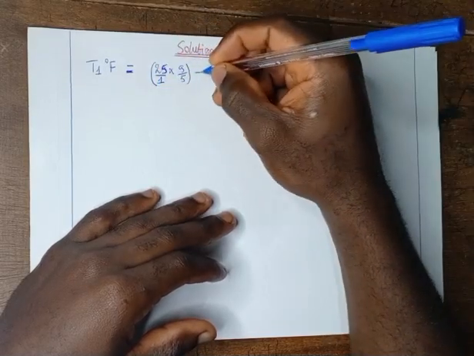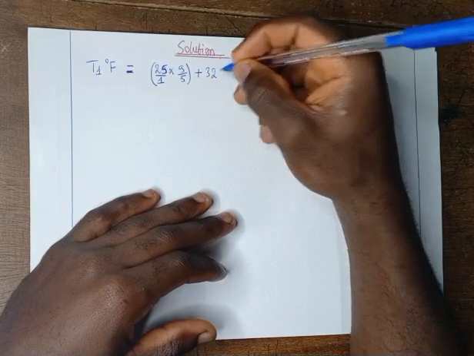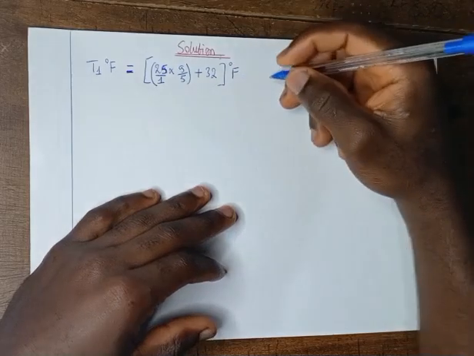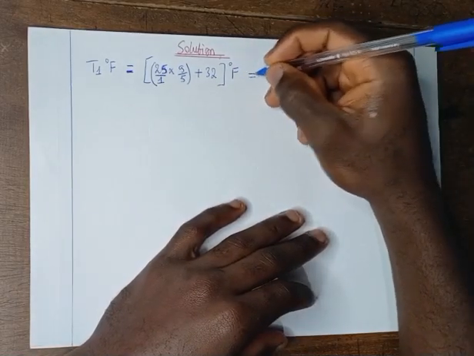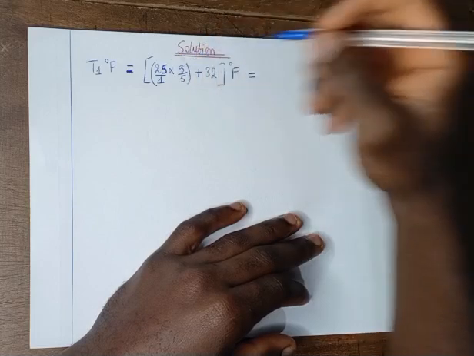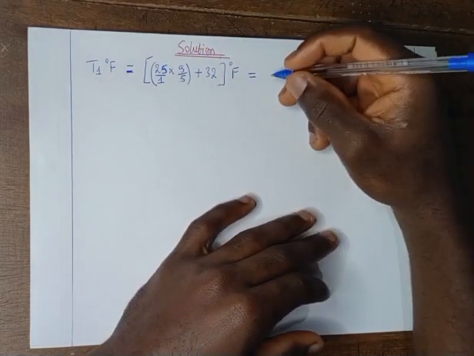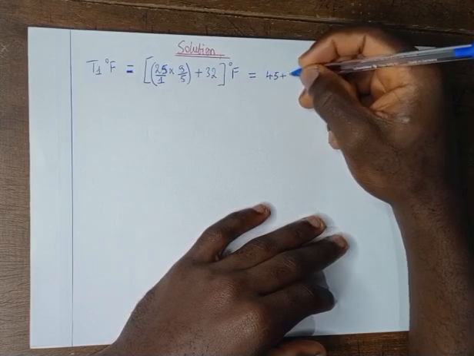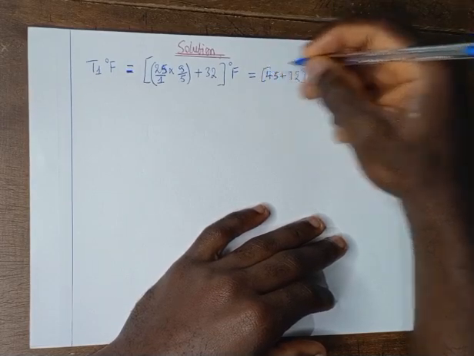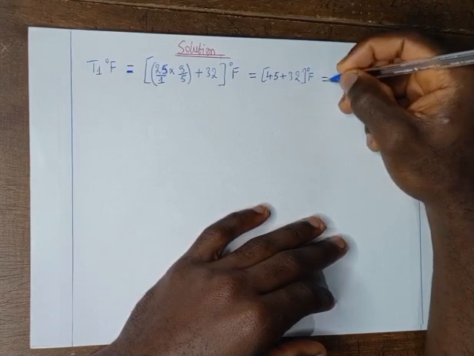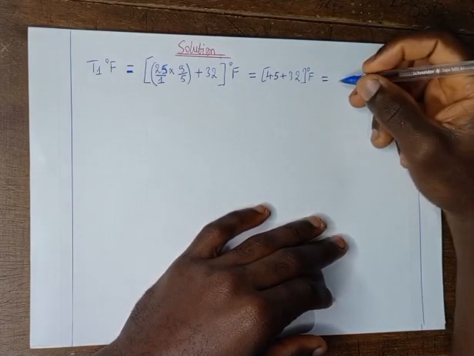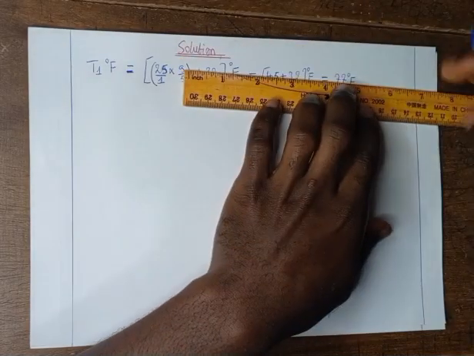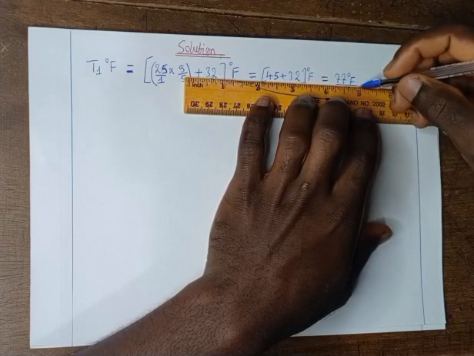The result we obtain, we add 32, and all this will have units degree Fahrenheit. 5 will go into 25 once, and 5 times 9 gives us 45. 45 plus 32 gives us 77. This will be 77 degree Fahrenheit.